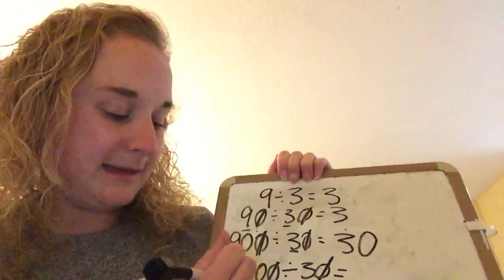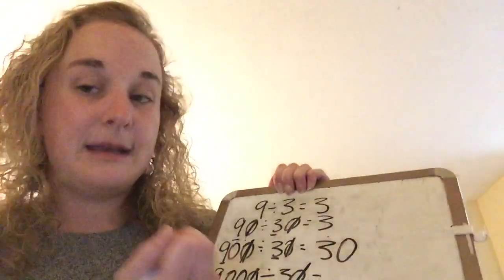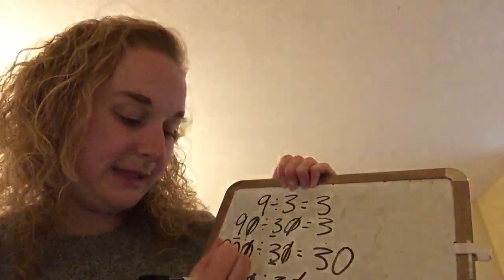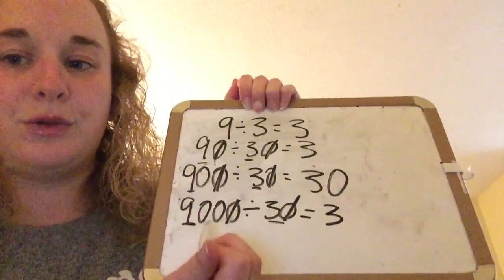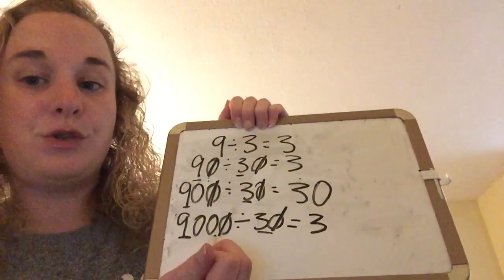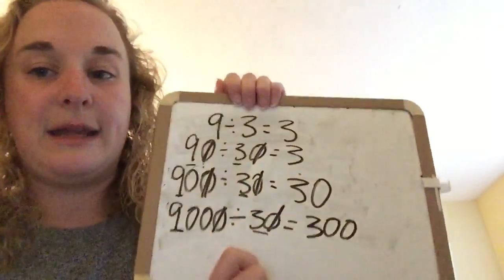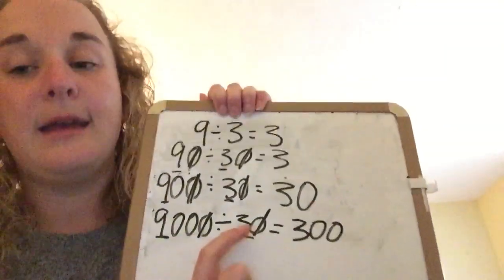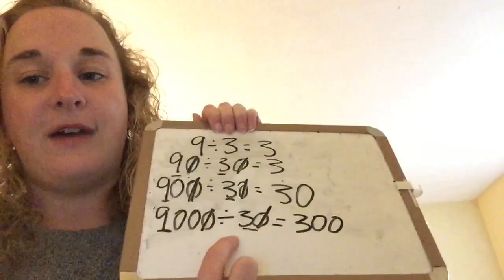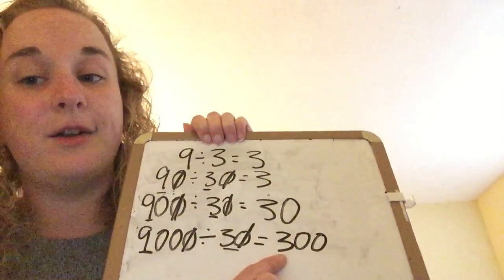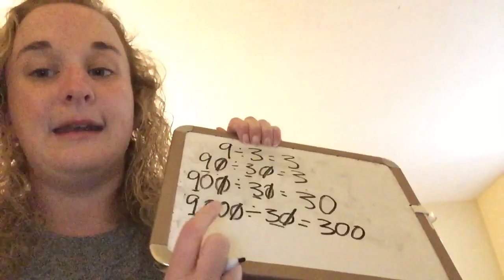So in this case, it's 9 and 3. 9 divided by 3 is 3. And then I have 2 zeros left over. These 2 zeros are going to go to the end of my answer, which gives me 300. Okay, so 9,000 divided by 30 equals 300. And to check your answer, if you do 300 times 30, you're going to get 9,000, okay?